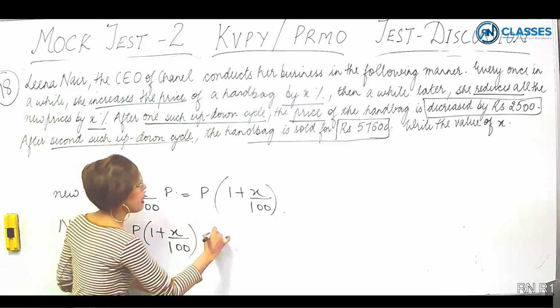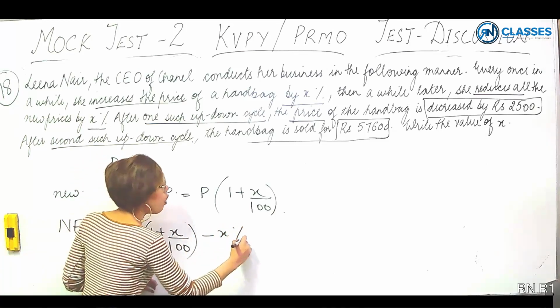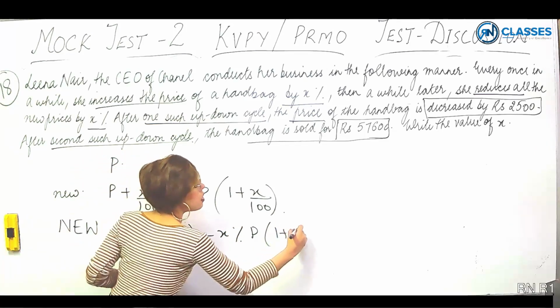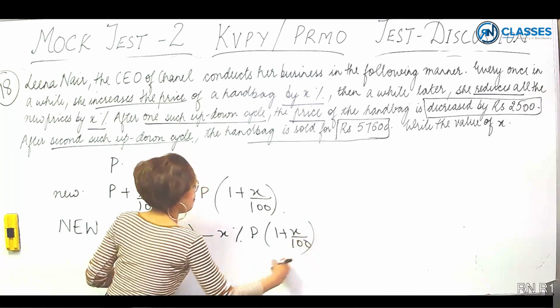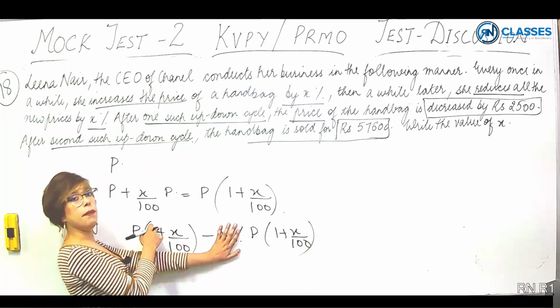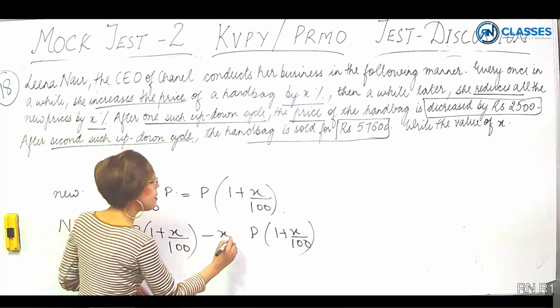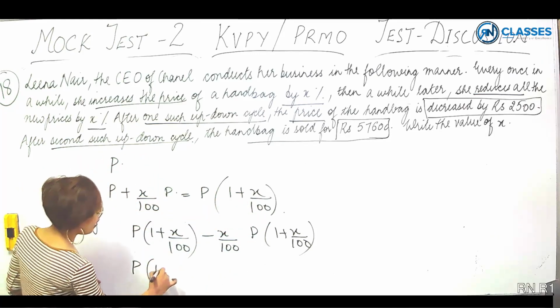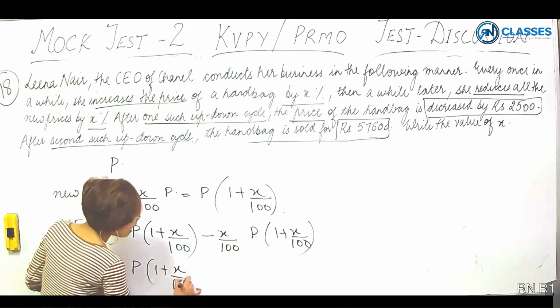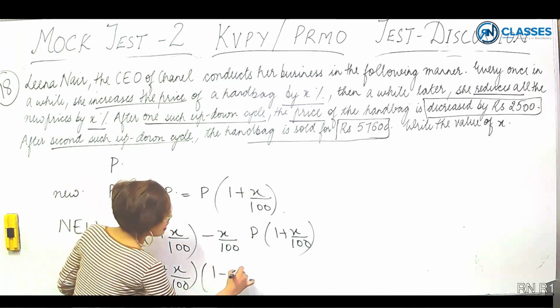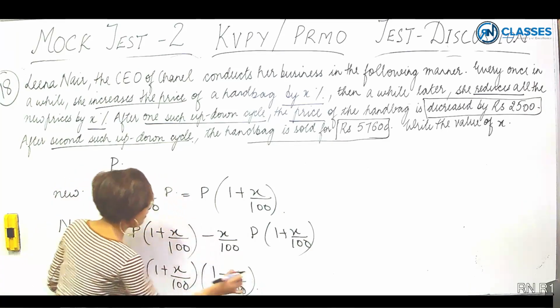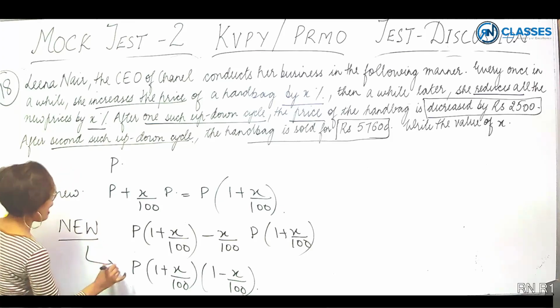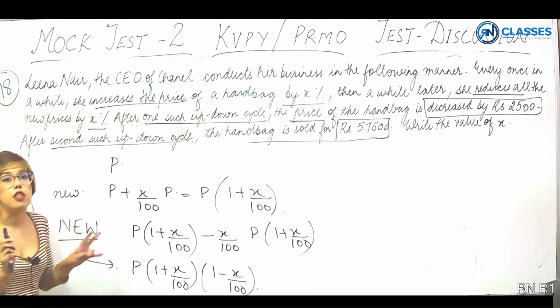I need to reduce it by X%, so minus X% of P into 1 plus X by 100, X% of this price. Now X% is nothing but X by 100. As you can see, I can take P into 1 plus X by 100 common. I'll be left with 1 minus X by 100. This is the new price, and this is the end of one such cycle.